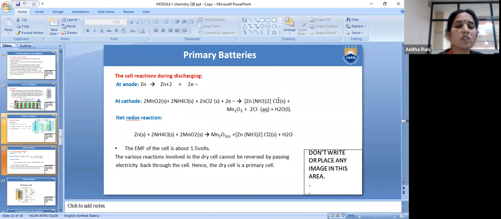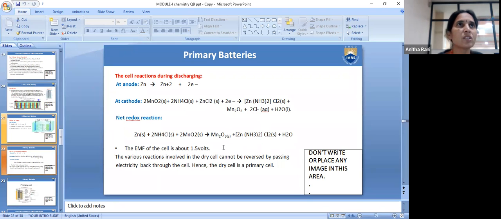What is formed here? Complex dichloro diamine zinc plus Mn2O3 plus chloride ions plus H2O. You write the net reaction: Zn plus 2NH4Cl plus 2MnO2 gives Mn2O3 plus complex dichloro diamine zinc plus H2O.